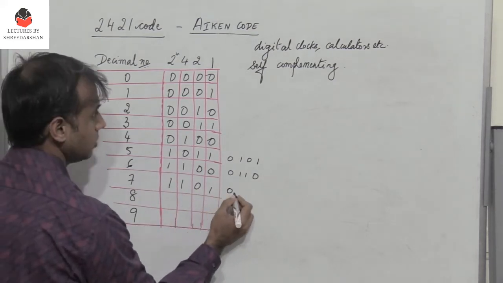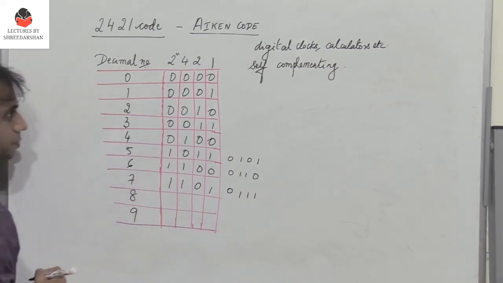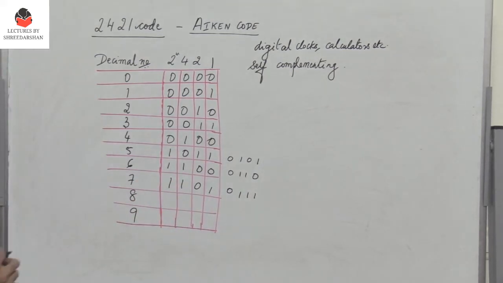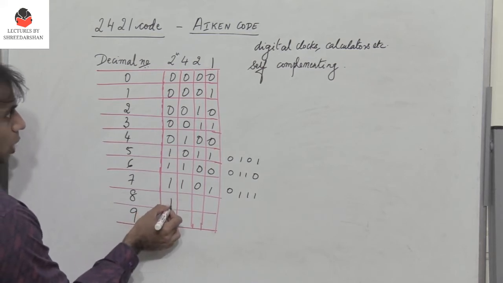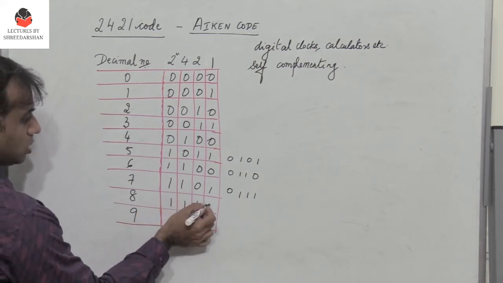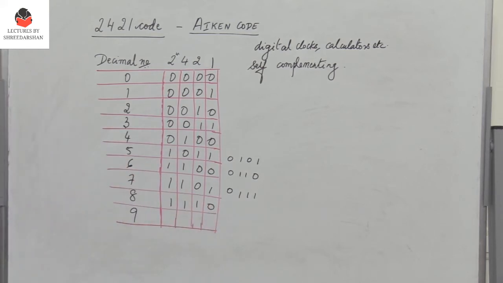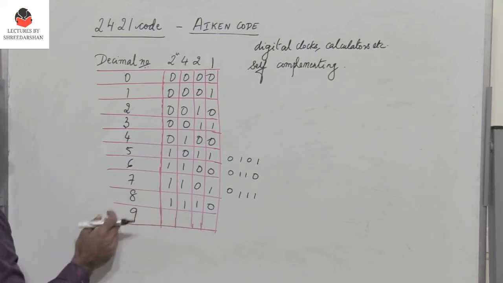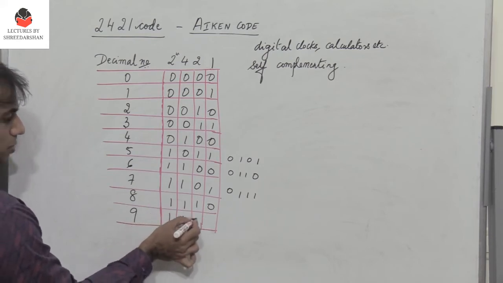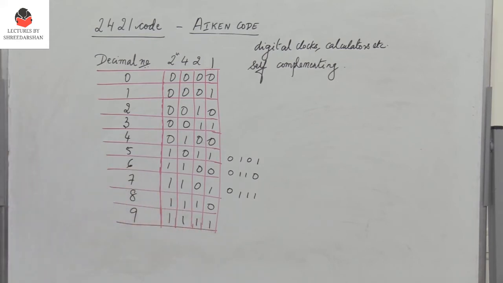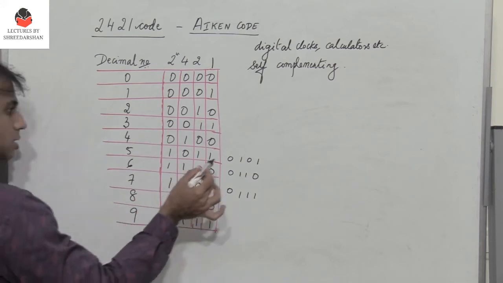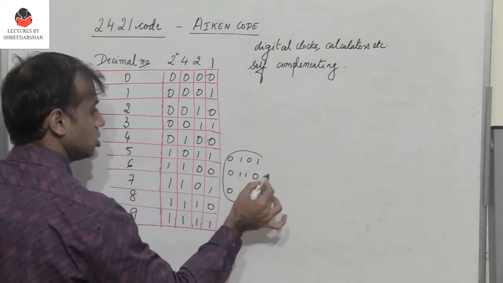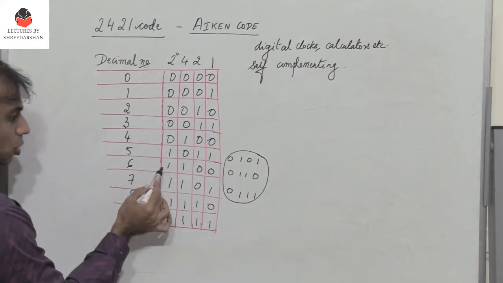But 7 can also be written as 0, 1, 1, 1. 8 is written as 1, 1, 1, 0. This is the only way by which we can write 8, and for 9, all of them should be 1. Now as far as 5, 6 and 7 are concerned, we also can write the representation like this. But this is what is used.